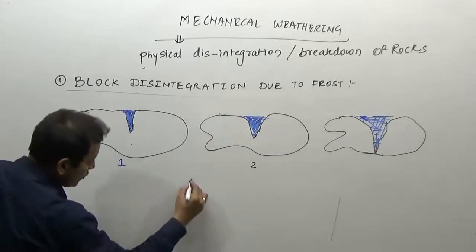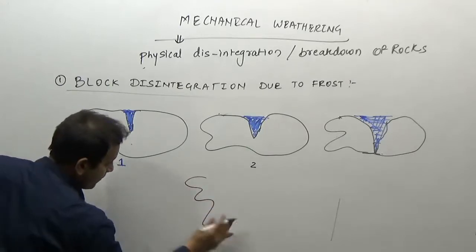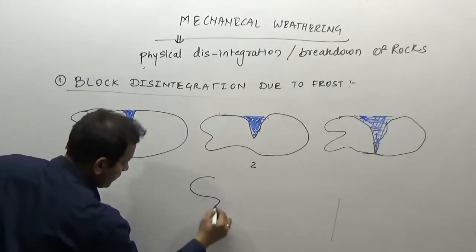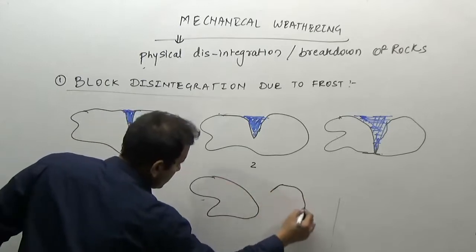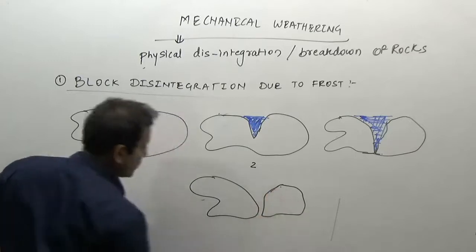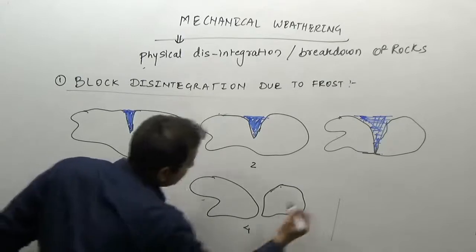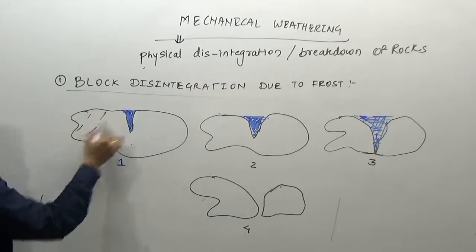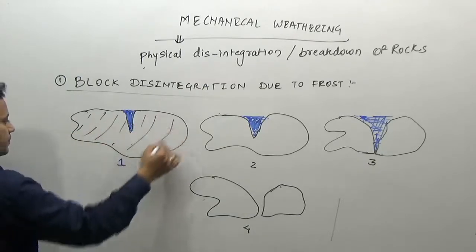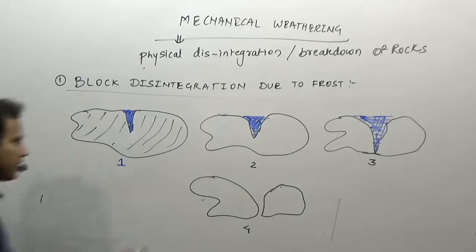So the rocks will break down into different structures. Initially there was one single rock with a small joint in which water got collected during the rainy season, during sudden rainfall or precipitation.